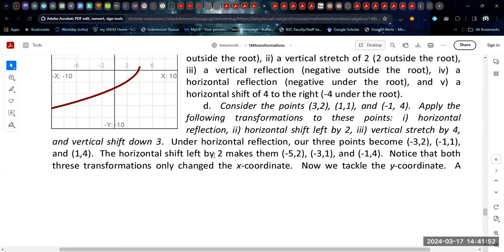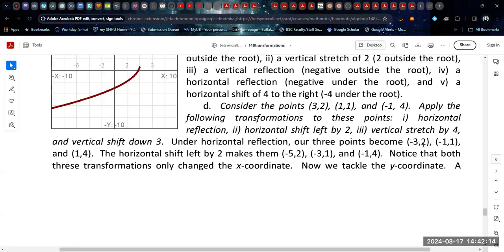Then we apply the horizontal shift left by 2, and so for these points that we've already transformed, we're going to subtract 2 from all of those. Now, again, when you're dealing with points, you apply these transformations slightly differently than when you apply them to the function. So it's not +2 in order to get the leftward shift.